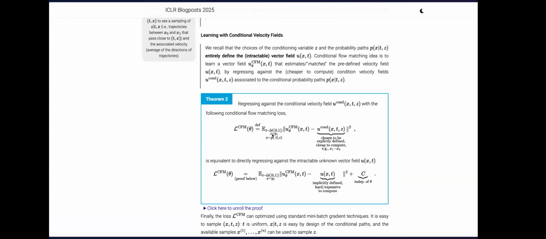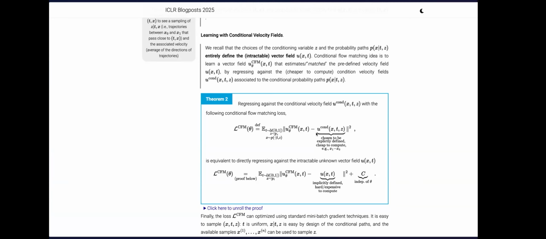This is equivalent, minimizing that is equivalent to minimizing this u of x and t that is unconditional, but we don't have access to it, right? So we can show that these two things are equivalent. By doing this on many, many samples, we are hoping to actually achieve that.